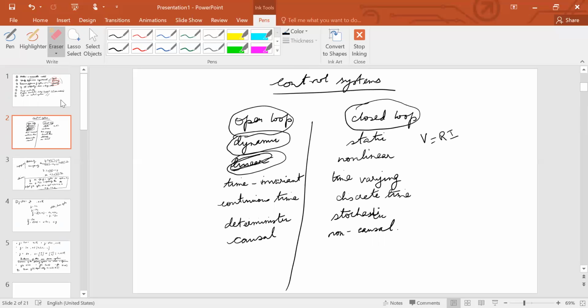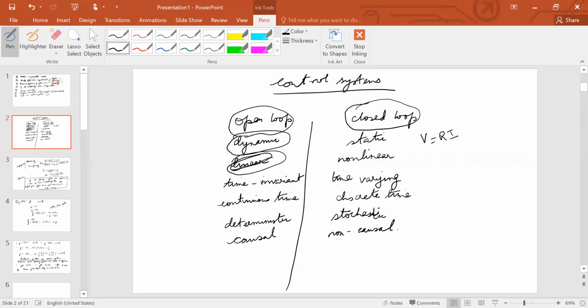Rarely we shall probably take an excursion into nonlinear systems, but for the most part, we shall focus on linear systems, time invariant systems, continuous time systems, deterministic systems and causal systems. So everything on the left of this, except for the closed loop part, is what we shall be concerned with in this course.